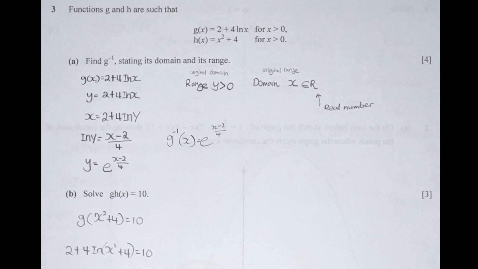Then the last part that we haven't identified is the domain of this g inverse. You can actually identify this by checking the original g function's range. So I set up random points that are more than 0 into it. It can be 0.1, it can be 1, it can be 3, it can be anything.